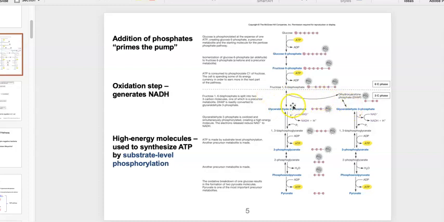And then each of these 3-carbon phosphates is subsequently phosphorylated and in the process oxidized as well, to ultimately produce the 3-carbon pyruvate. So there's a couple important things. There's oxidation steps to generate reducing power. And again, these NADHs that you see here are then shunted off to electron transport for the microbe to produce energy by oxidative phosphorylation.